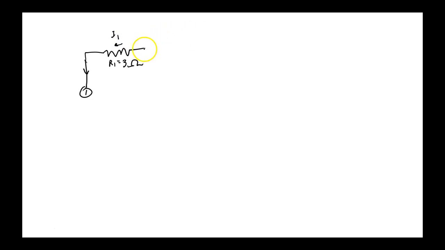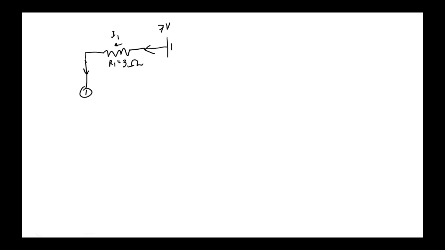Now, one of the reasons they say that it's going in that direction is because they put the long side of the battery there and the short side behind it, and they list this as, they don't give it a name. They could have called it V1, but they didn't. They just say this is 7 volts. And that would push the current in that direction. So I think their I1 is probably correct.